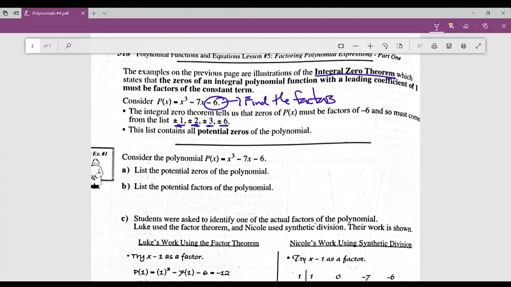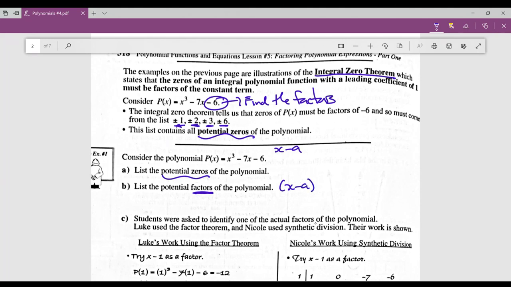So when I say list the potential zeros, all you do is write them in the form x minus a. Actually, that would be a factor. Write them in the form x minus a.